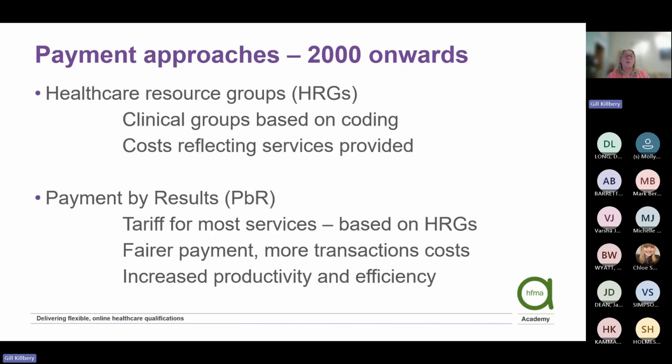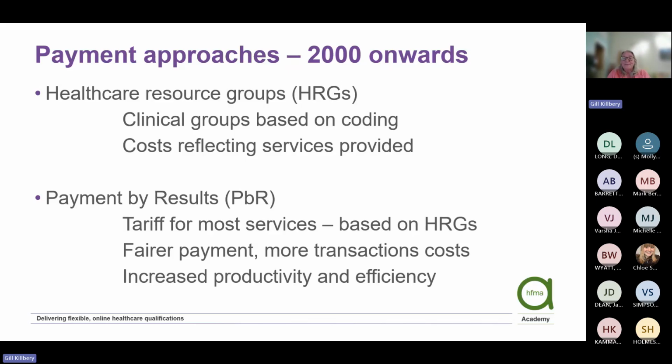So from 2000 onwards, HRGs were first developed in the 1990s, but it wasn't until 97 with the development of HRG version 3 that they became reliable enough to be used for the quantification of resources. In early 2000, government reforms meant that money for healthcare services was needed to follow the patient.